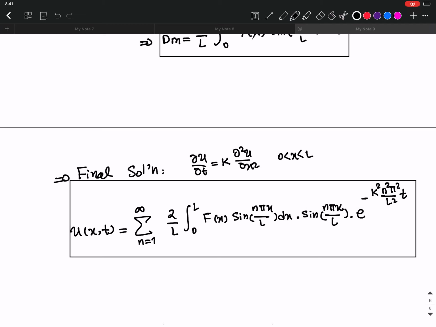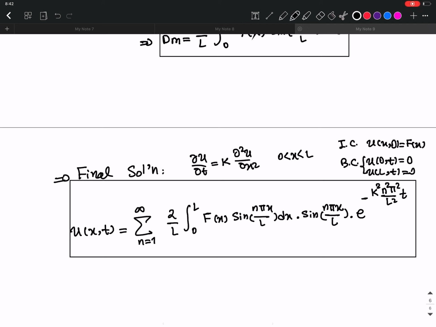So with those initial and boundary conditions, this is going to be the solution of this equation. The initial condition was given as u(x, 0) equals f(x), and the boundary conditions were given as u(0, t) equals 0 and u(L, t) equals 0, right?